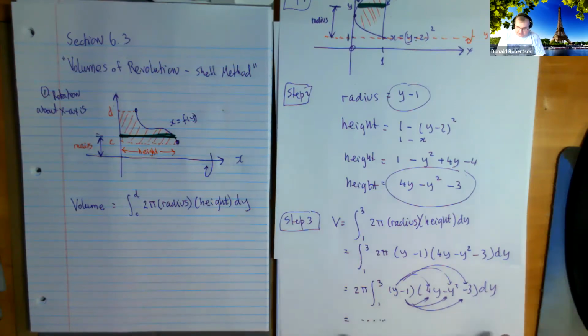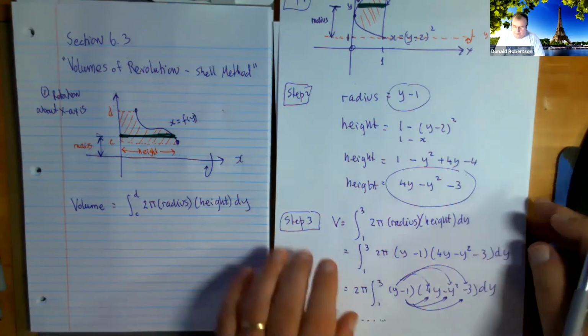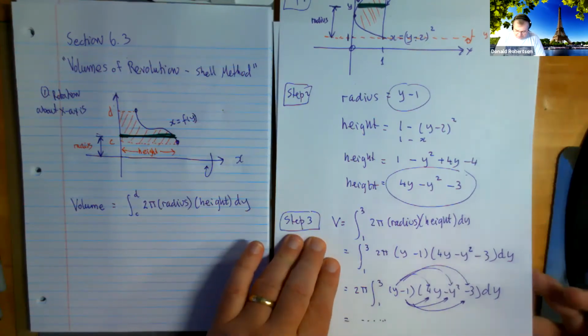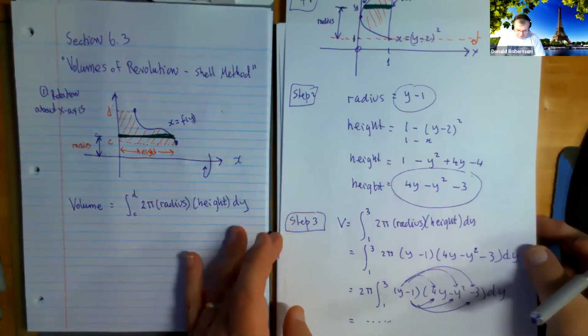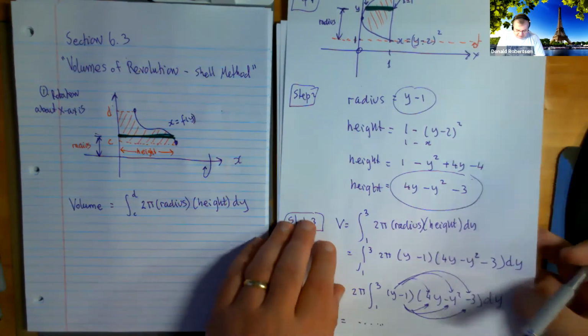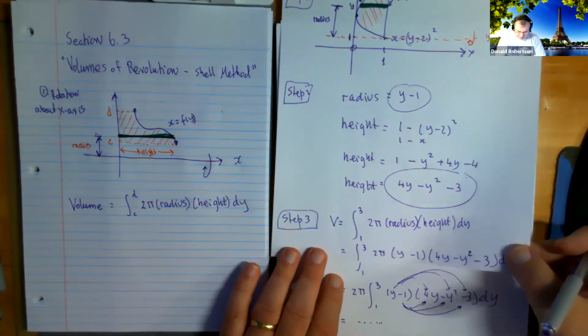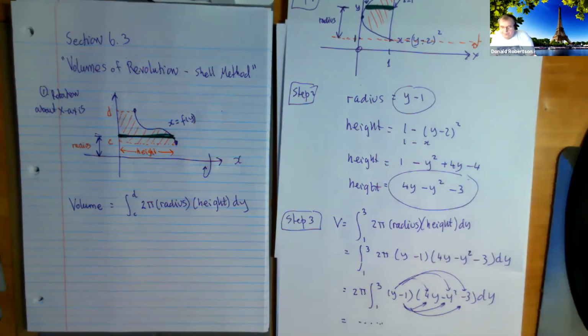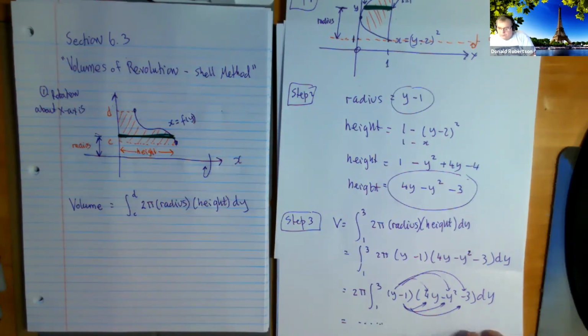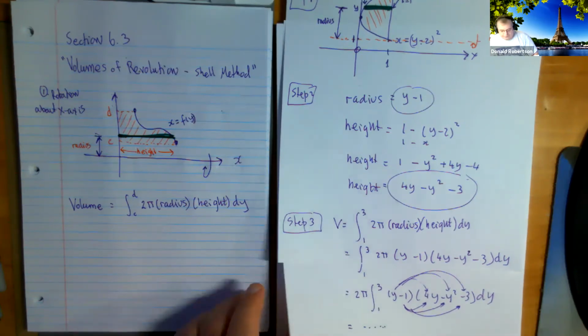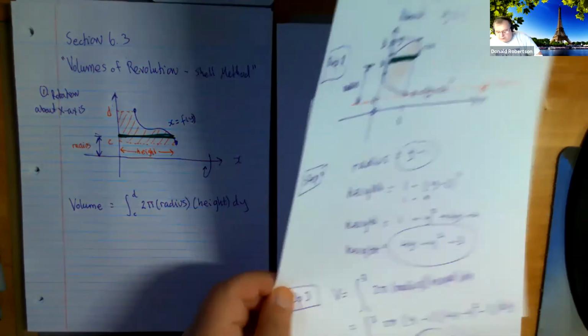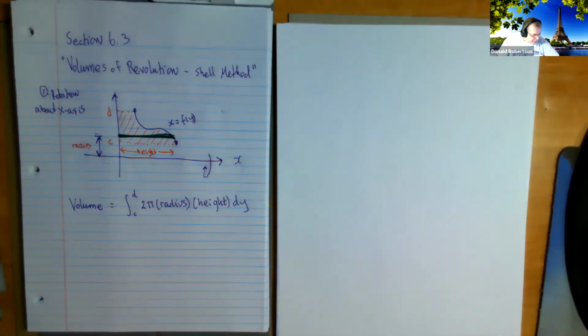Can you imagine some big, ugly polynomial and then you use the power rule? Any questions about that one? Are we good? Okay. There's going to be a lot of thinking during this homework, isn't there?